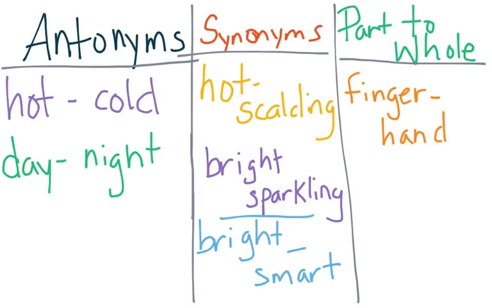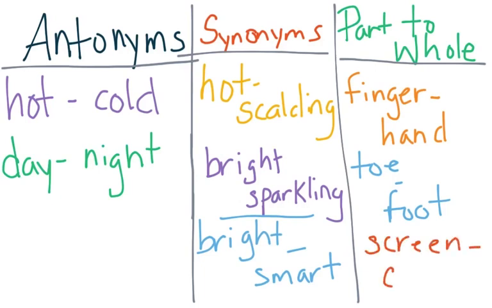Or perhaps you would have toe, which again would be part of your foot. Or maybe you have screen to computer. Or iPad, I guess, would also work for that. So we're looking at these and we're seeing how they're related. We're just looking at how they go together.